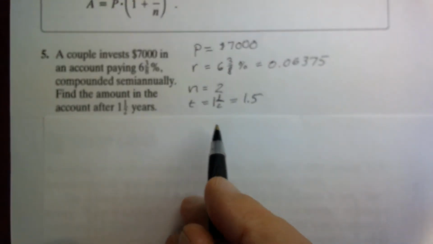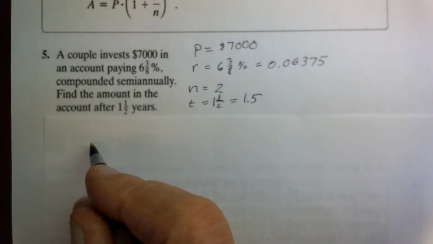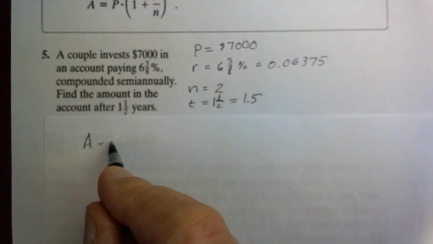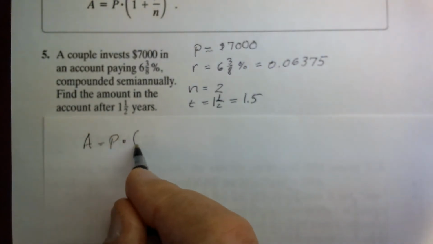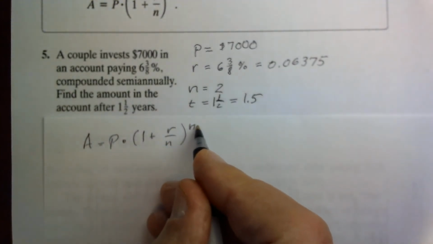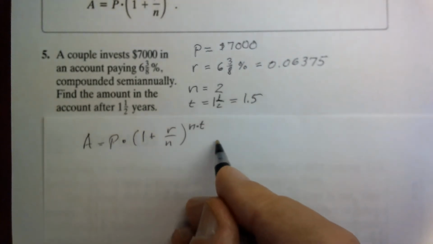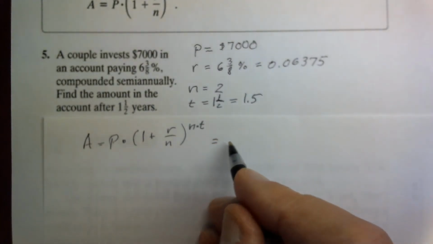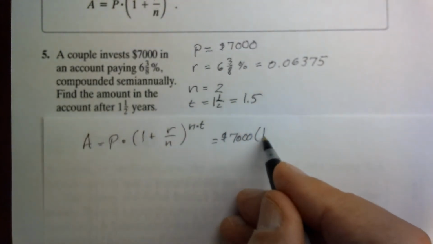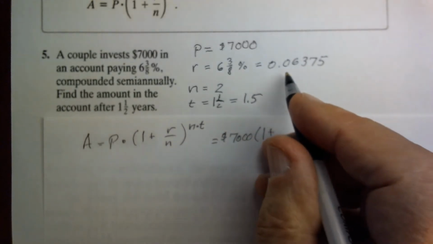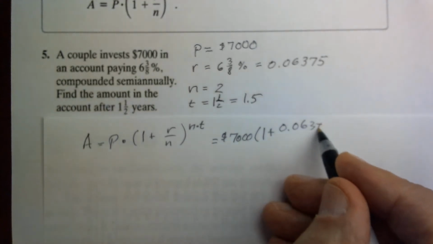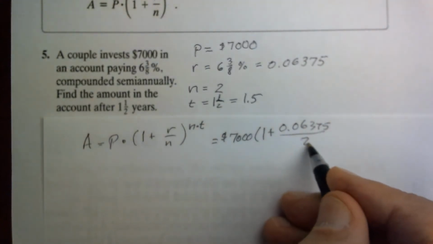Now we are ready to substitute these values into the formula. And again, the formula is A, the amount after 1.5 years, equals P, the principal, times 1 plus R divided by N to the N times T power, which will be then P equal to 7,000 times 1 plus, and the interest rate in decimal format is 0.06375 divided by 2.